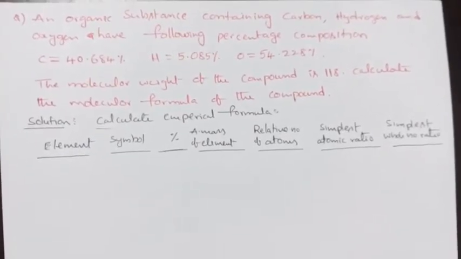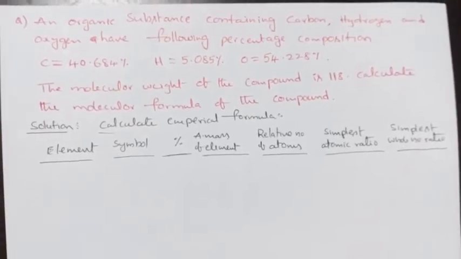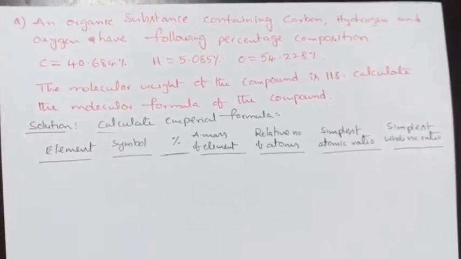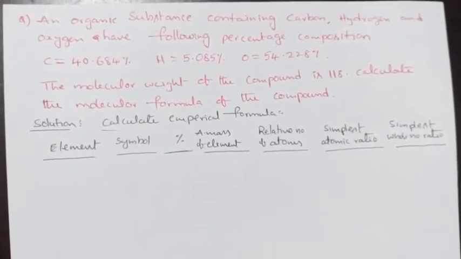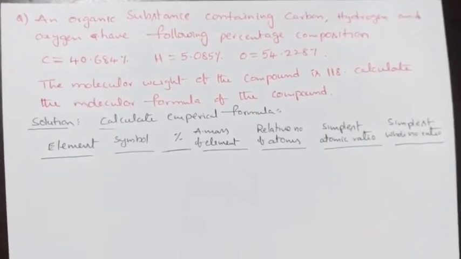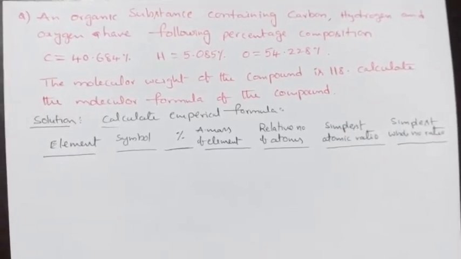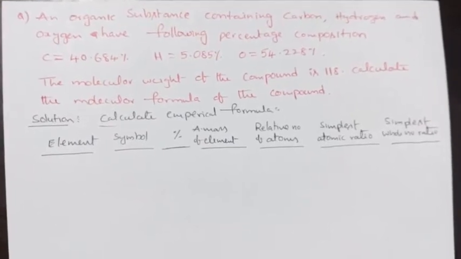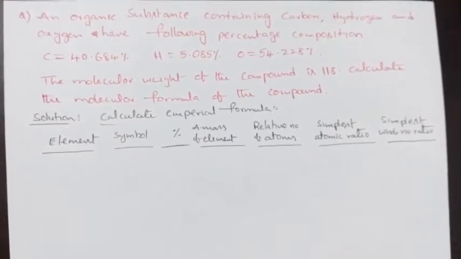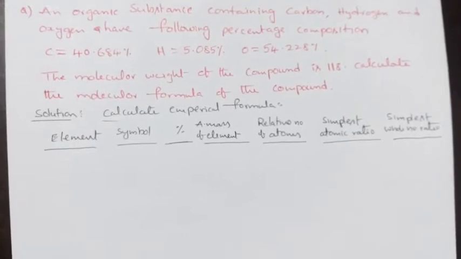An organic substance containing carbon, hydrogen and oxygen has the following percentage composition. Carbon is 40.684%, hydrogen is 5.085%, oxygen is 54.228%. The molecular weight of the compound is 118. Calculate the molecular formula of the compound.